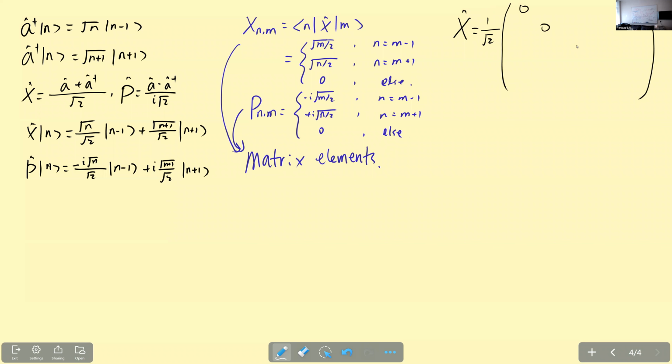All the diagonal terms will be 0, and this will be square root of 1, square root of 1, square root of 2, square root of 2, square root of 3, square root of 3, and all the others will be 0.